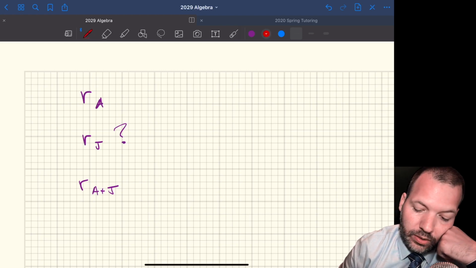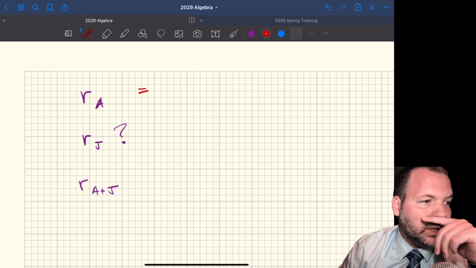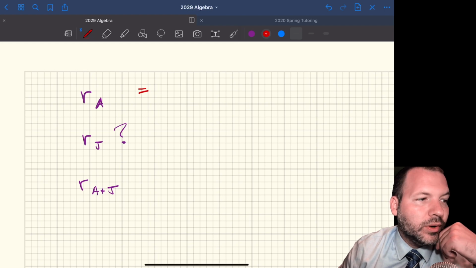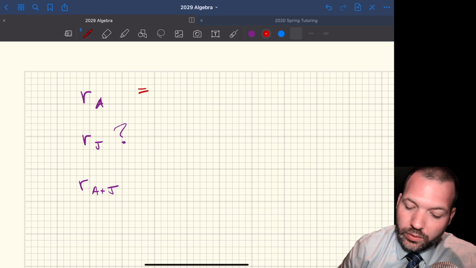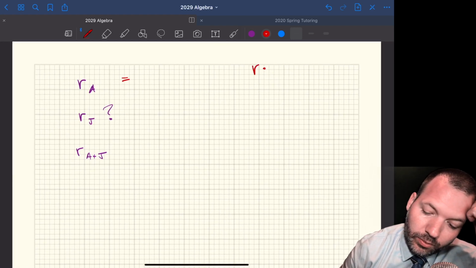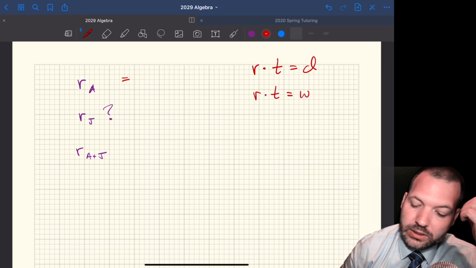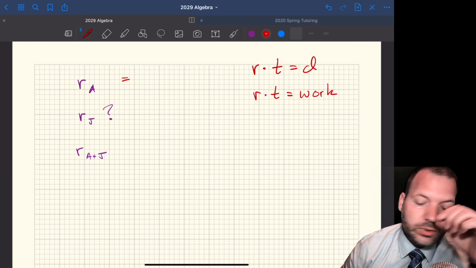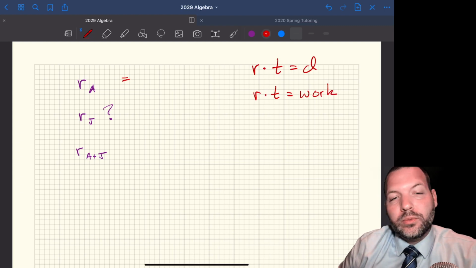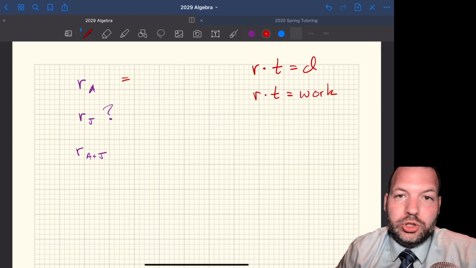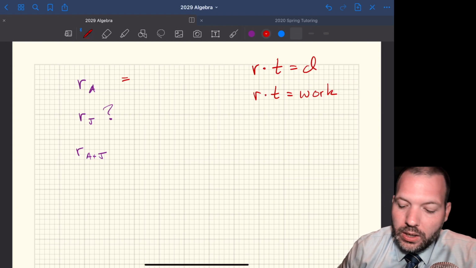So Abby's rate we're actually given directly. We're told it takes Abby 2 hours to mow and trim Mr. Morley's lawn. So a rate, remember, typically comes from rate times time equals d for distance. Or sometimes we write it this way, rate times time equals work. That is, when you multiply a rate times an amount of time, you get some job done at the end.